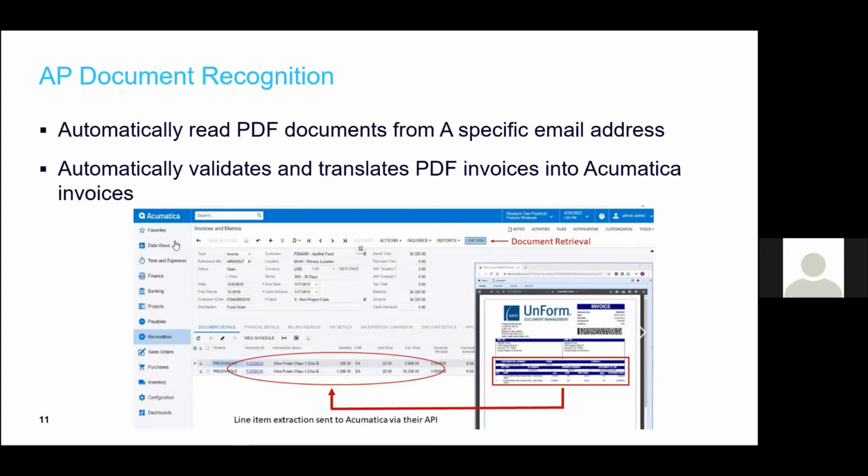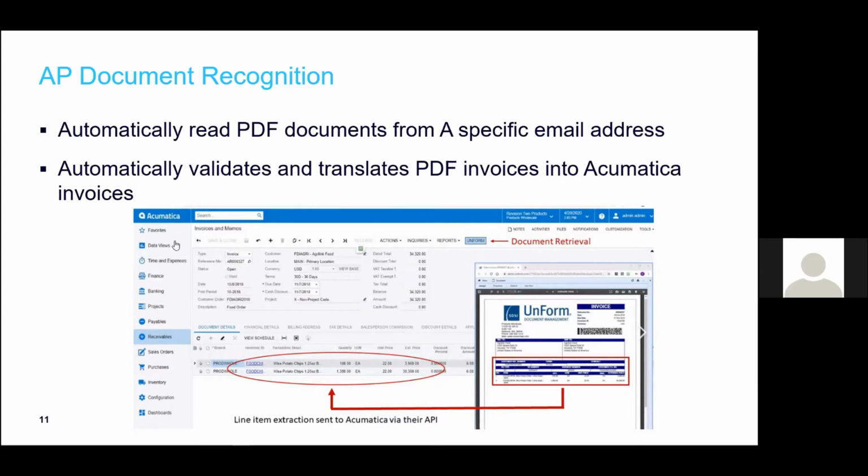Now, those emails typically are going to have PDF attachments. Acumatica now has the capability of monitoring that AP email address for emails that have attachments. And when it finds that attachment, it can bring it into Acumatica automatically.